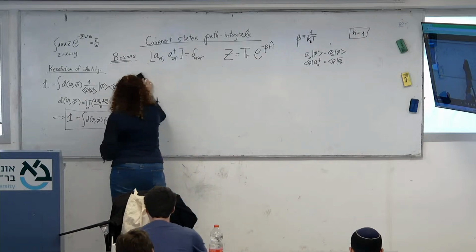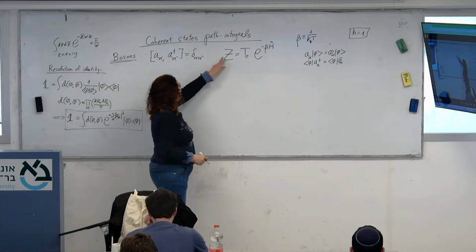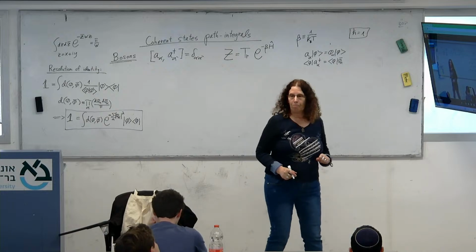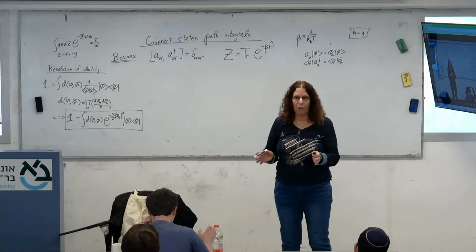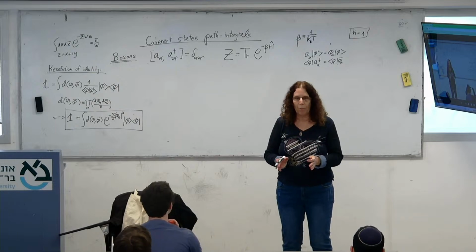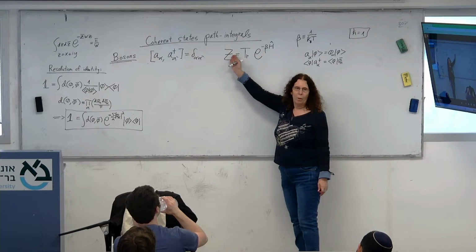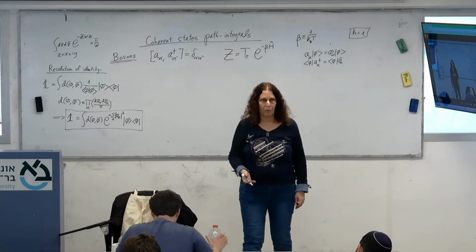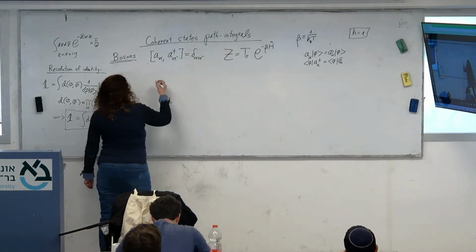Great. So now I want to calculate this partition function. Why is this what I want? Because if I'm interested in the thermodynamics of the problem, the partition function gives you everything. Remember, any physical quantity is some derivative of it. It's like a generating function.